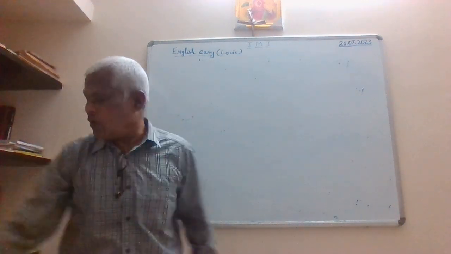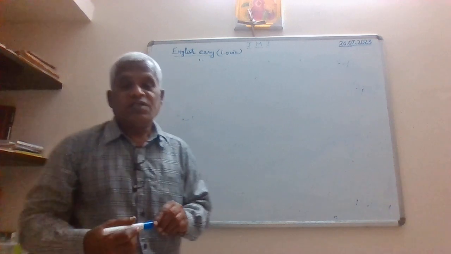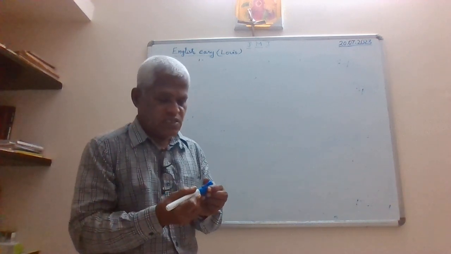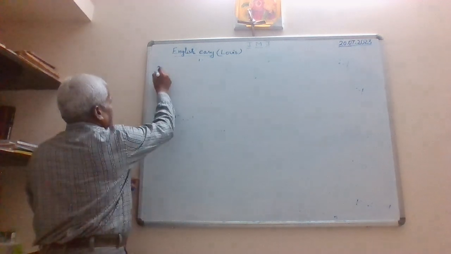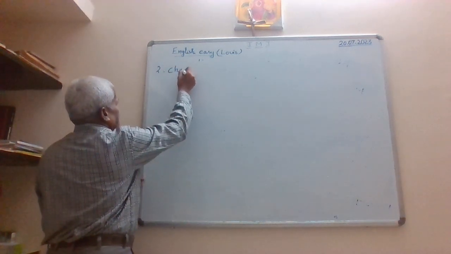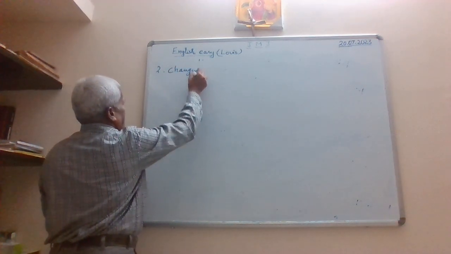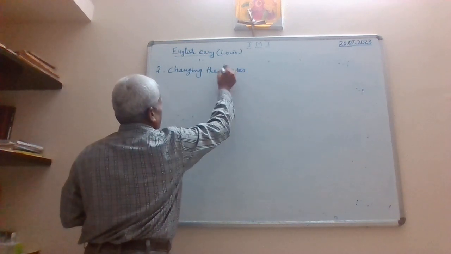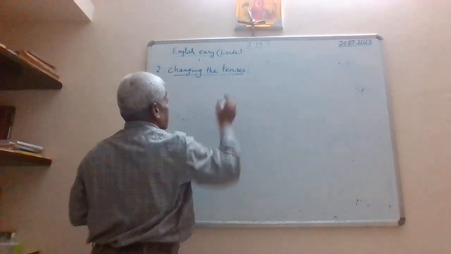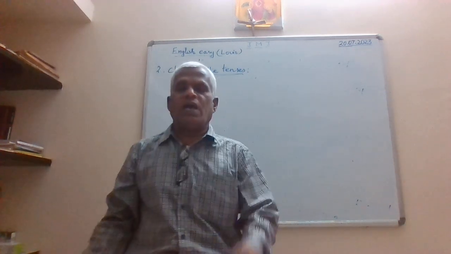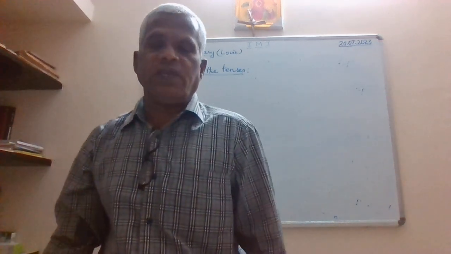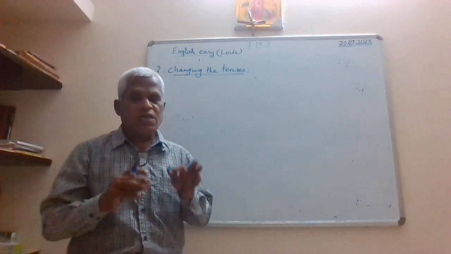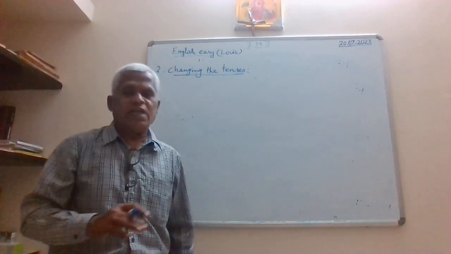Now second general rule is change of tenses, or changing the tenses. So when you are changing from direct to indirect or from direct to reported speech, there are changes to be made in the tense also.